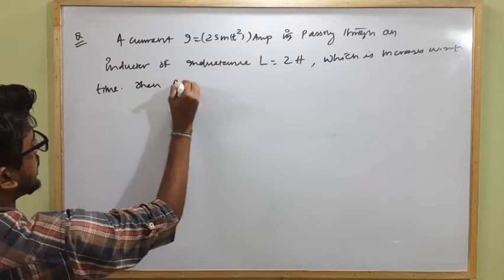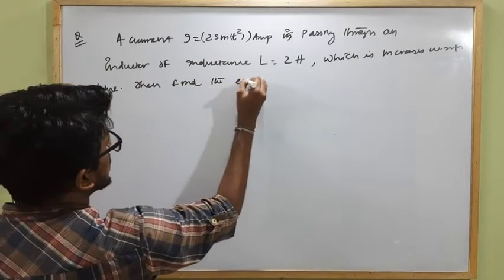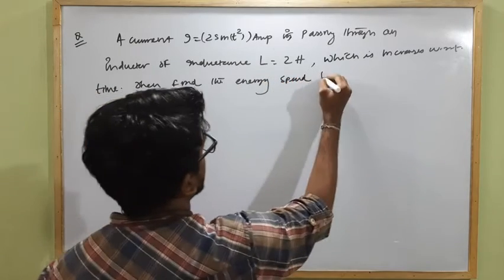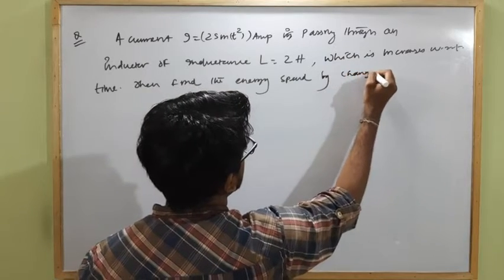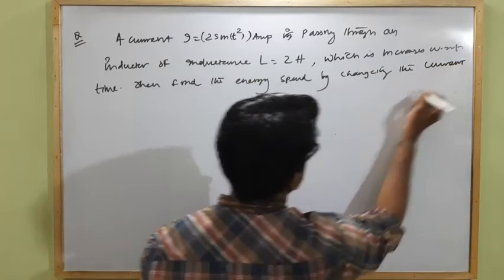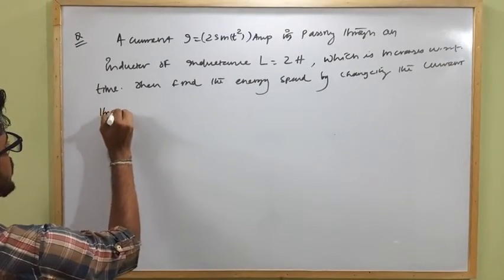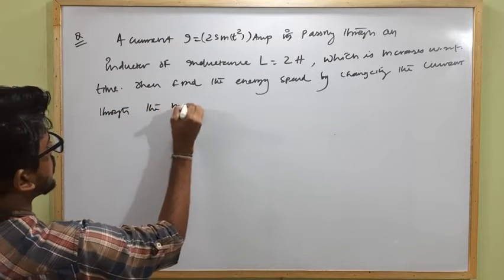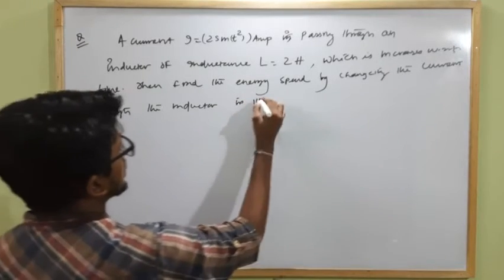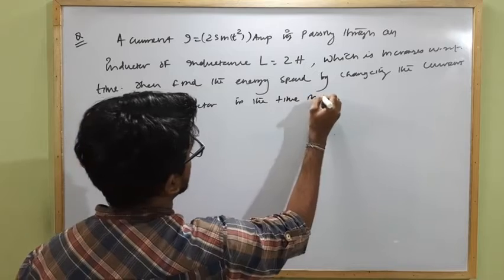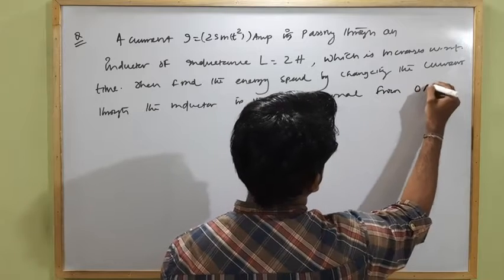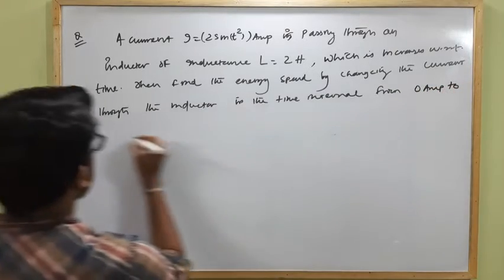Then find the energy spent by changing the current through the inductor in the time interval from 0 ampere to 2 ampere.